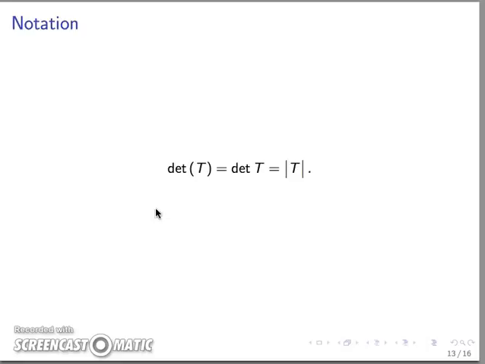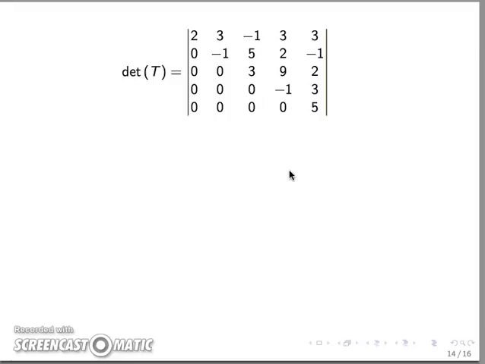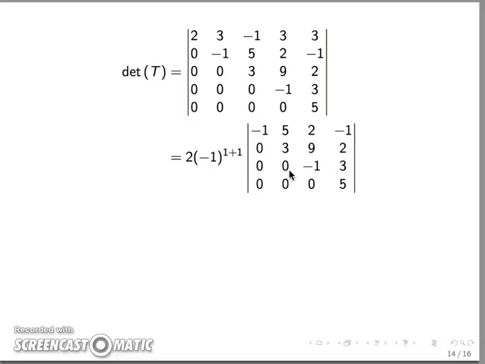We introduce some notation here where you can write the letters DET for determinant, or you can also use a notation that's similar to absolute value. That also stands for the determinant of a matrix. So we're computing the determinant of this triangular matrix. This proceeds basically as we did before.